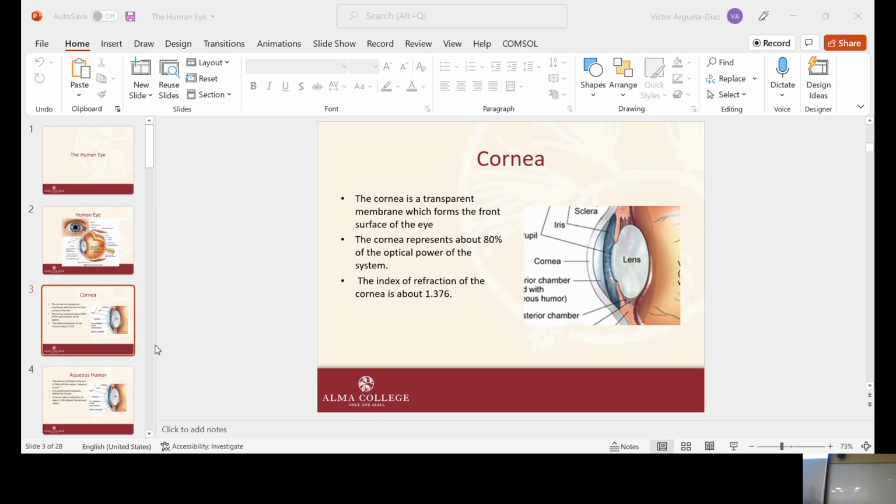Each lens is in charge of something specific in the system. They are focusing the light, removing aberrations, and making sure the system captures as much light as possible. So every single element that we see here has a role. When you remove one of them, your image is going to be all messed up.